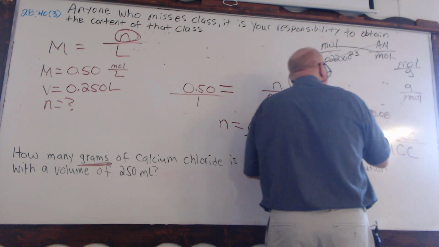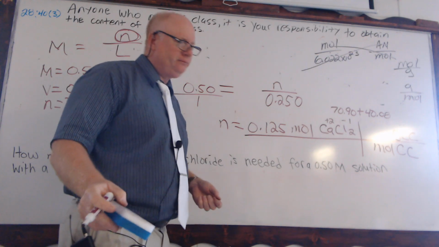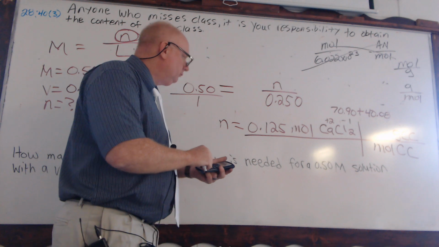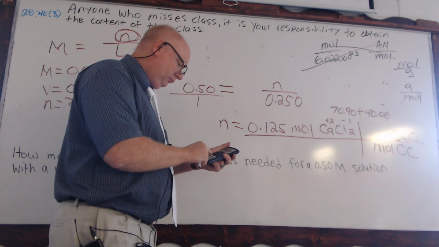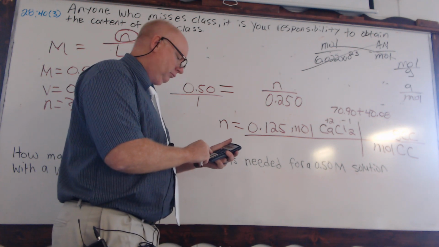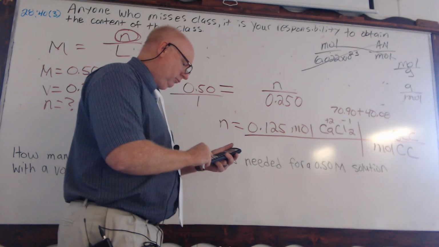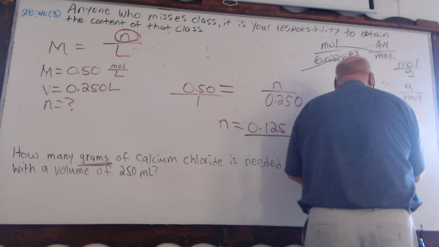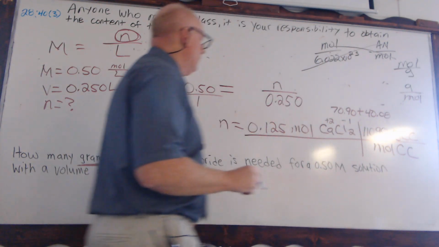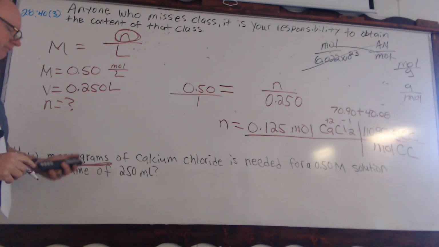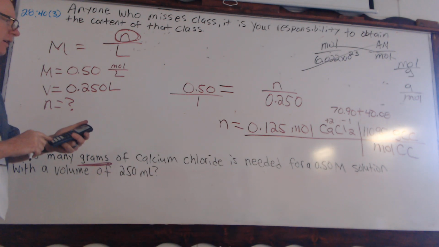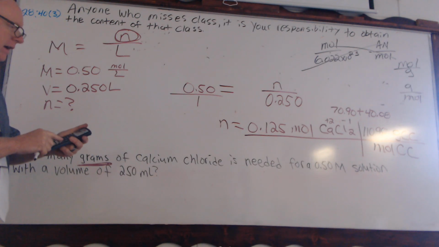Okay, so adding those two numbers together. Okay, so then what we need to do is take 0.125 times 110.98.